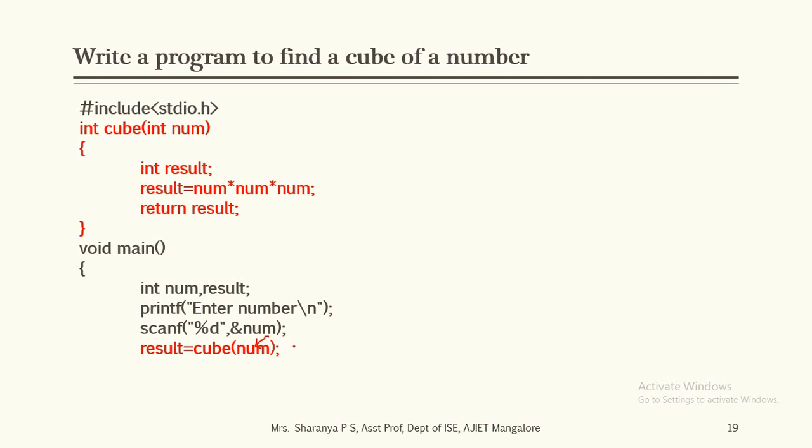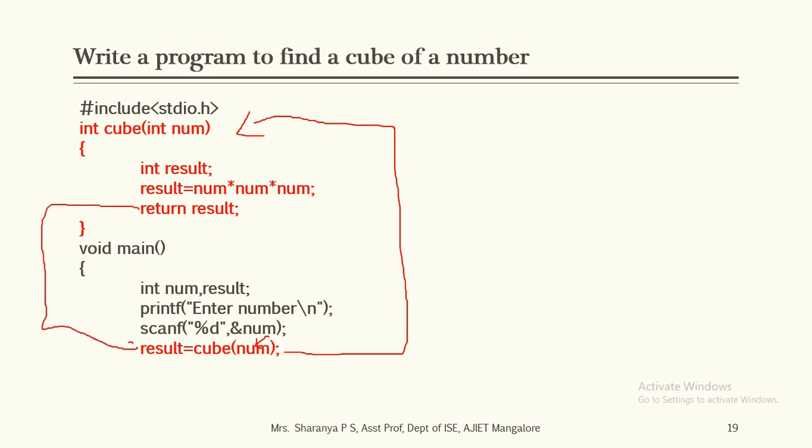Whenever the compiler sees this statement, it will search for the cube function. Here it finds it in the program and this code will be executed, and we are returning the result back to the main. So after the statement, whatever is computed will be present in the result variable, and finally we display the result. This is how we can write the program to find the cube of a number.